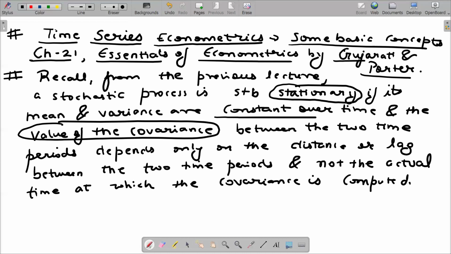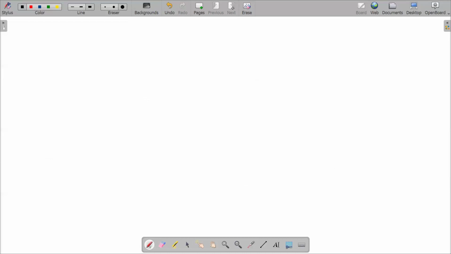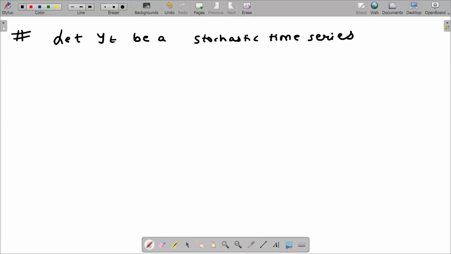If I erase all this off, I can write this in mathematical terms also. Let yt be a stochastic time series with the following properties.